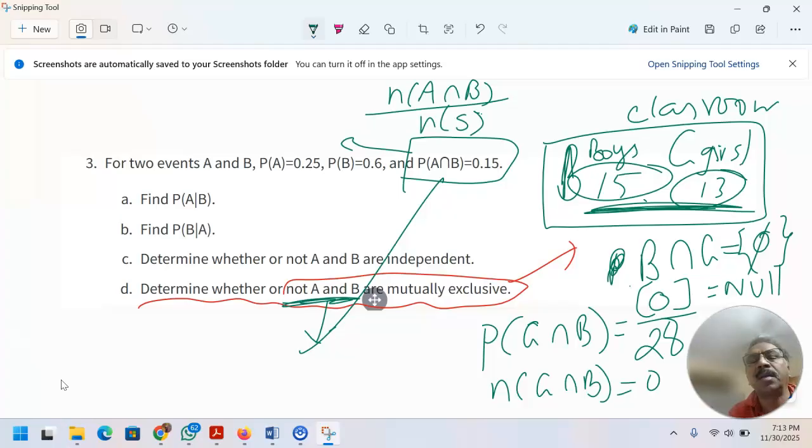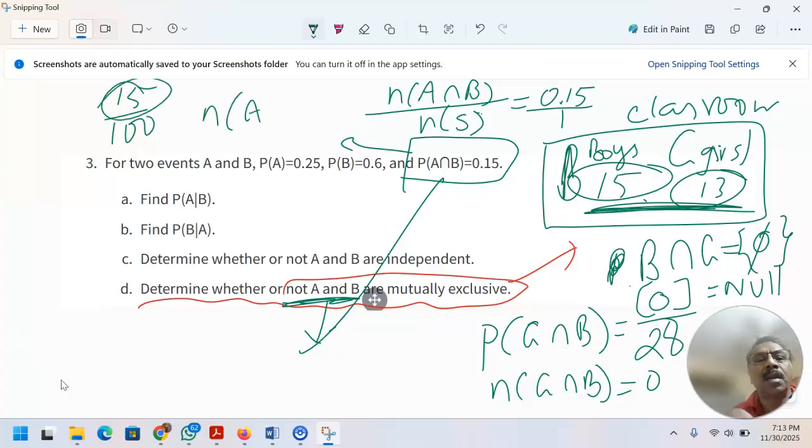What this is basically saying is this piece is giving you 0.15 divided by 1, which is actually 15 divided by 100. So that means there are 15 outcomes here. What it means is n of A and B. See, there is an intersection for A and B. There are 15 students.